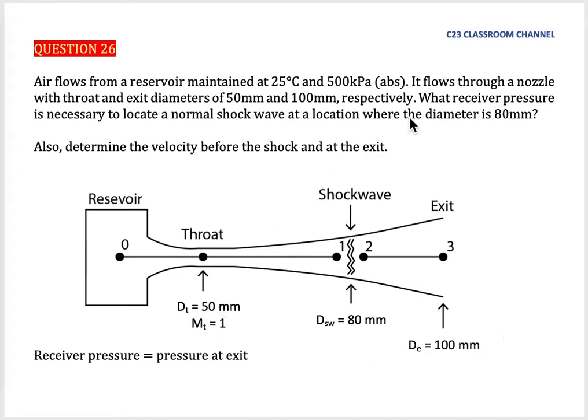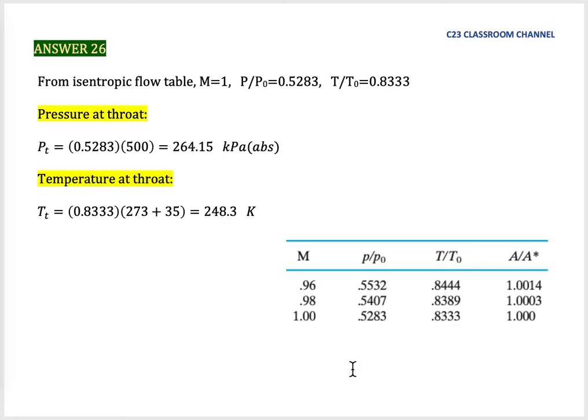So in this question, we have receiver pressure. Receiver pressure means the pressure that occurs at the exit. From isentropic flow, we could see the table. When Mach number equals 1, we get the ratio P over P naught is 0.5283 and T over T naught is 0.8333 as stated here.